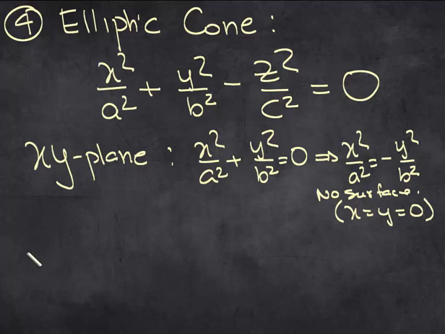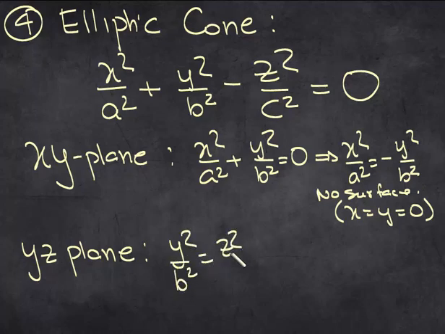What is the YZ plane trace? X is 0, so what do we get this time? This time the z moves to the other side and we get a nice equation, correct? What do we get though? If you take square roots on both sides, what would you end up with? We have y squared over b squared is equal to z squared over c squared.